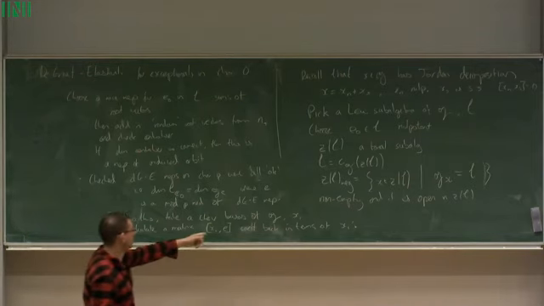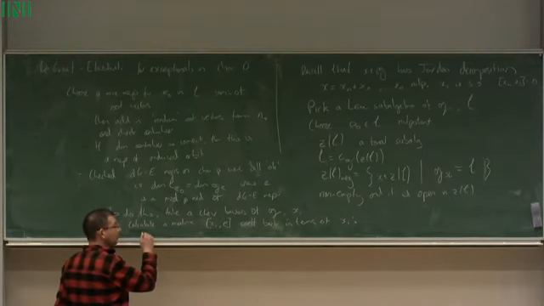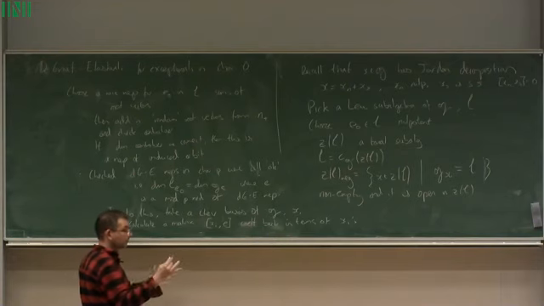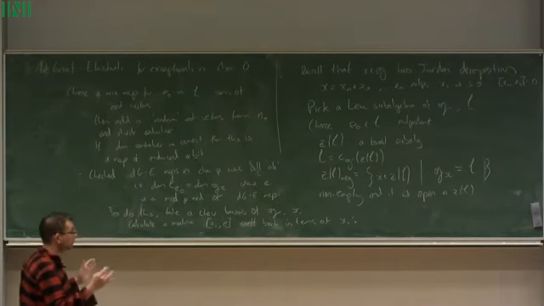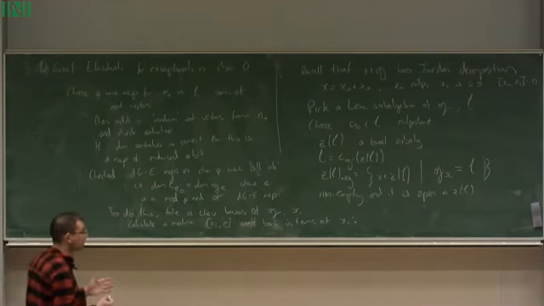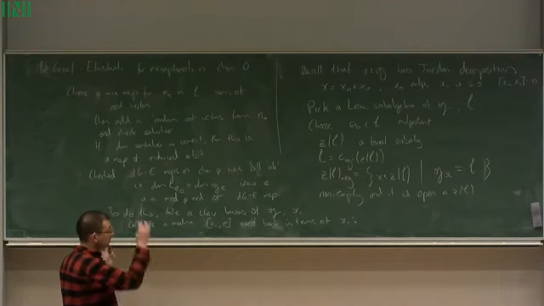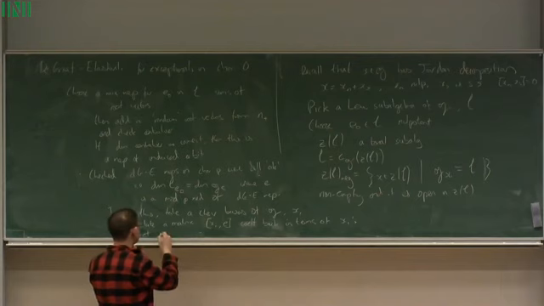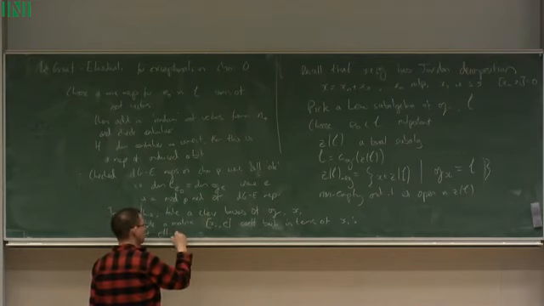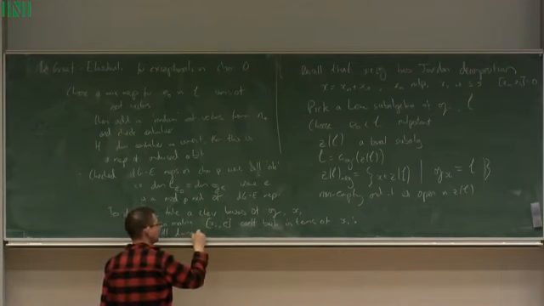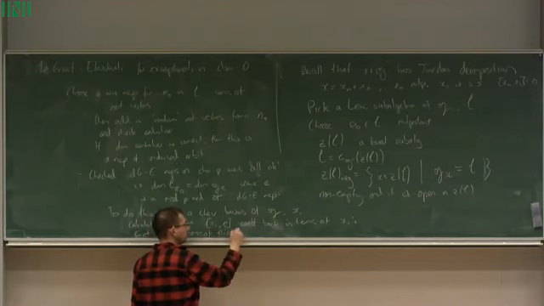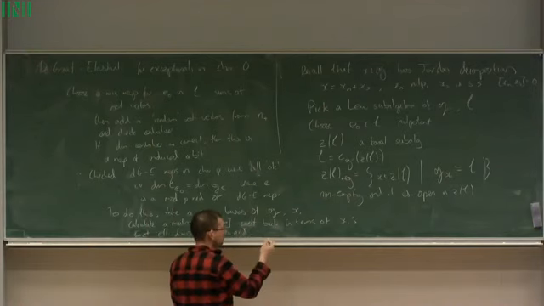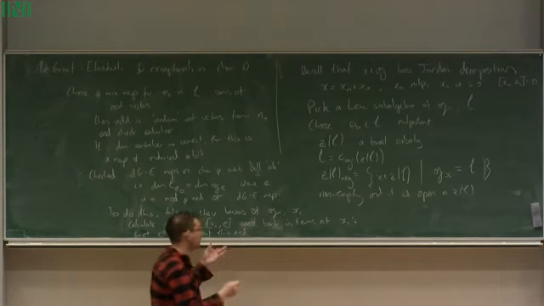In other words, calculating ranks of matrices is something you can do by putting it in Smith normal form. The things along the diagonal are going to be the elementary divisors. So the ultimate calculation is just to get the elementary divisors of this matrix and see what primes divide them.